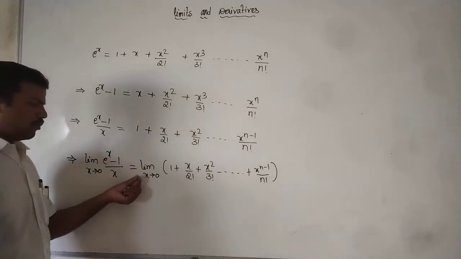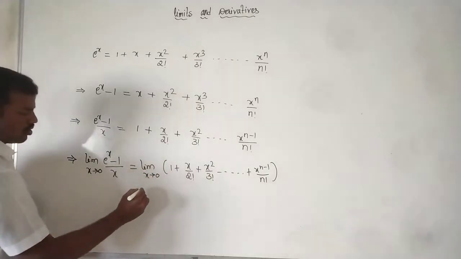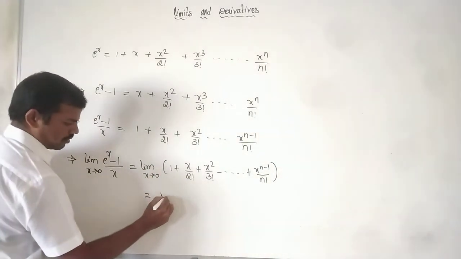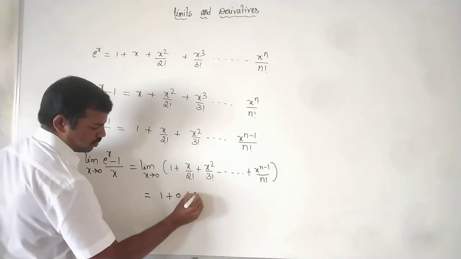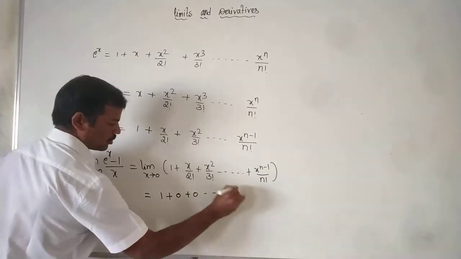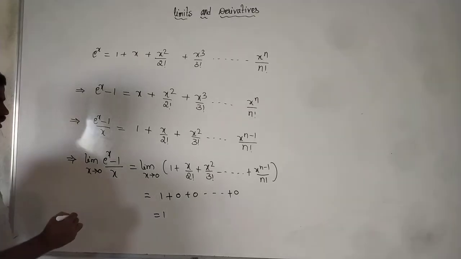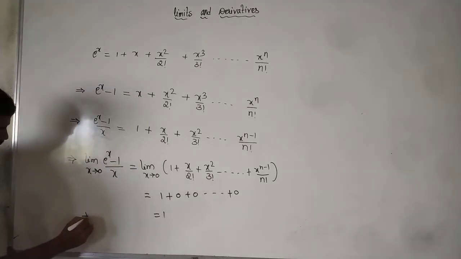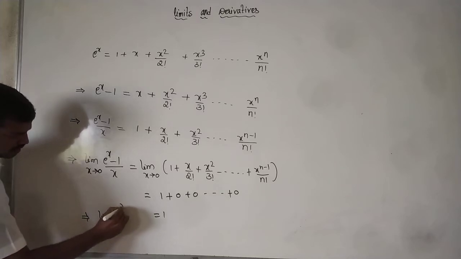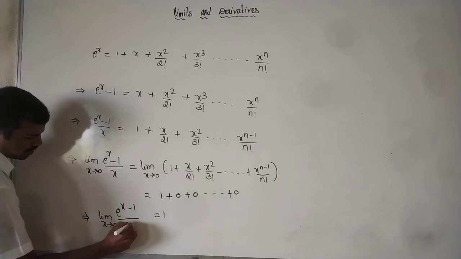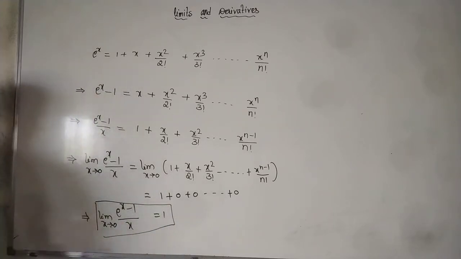Where there is x, we put 0: 1 plus 0 by any number is 0, plus 0, and so on up to plus 0. So finally we got 1. It implies that limit as x tends to 0 of (e raised to x minus 1) divided by x is 1. This is a very important result.